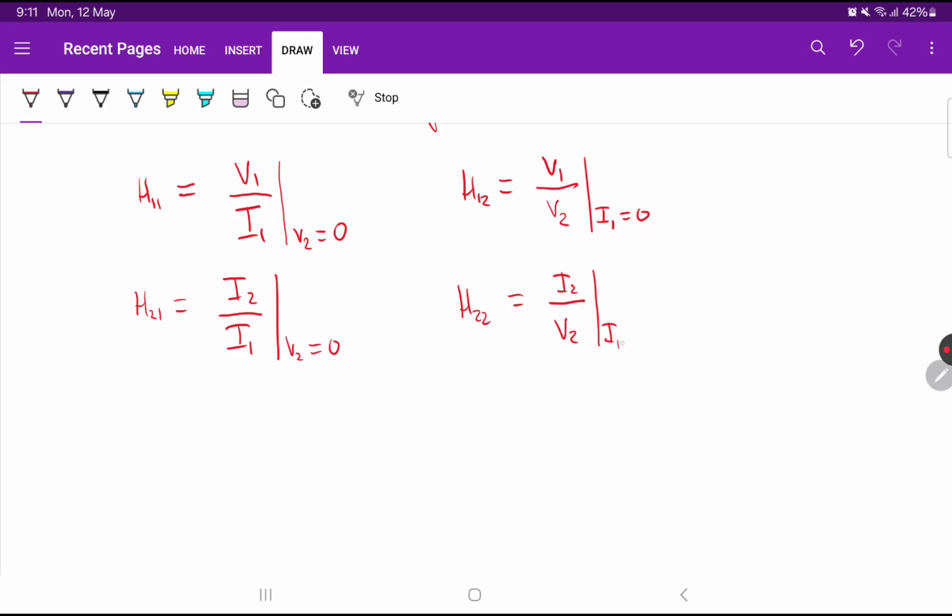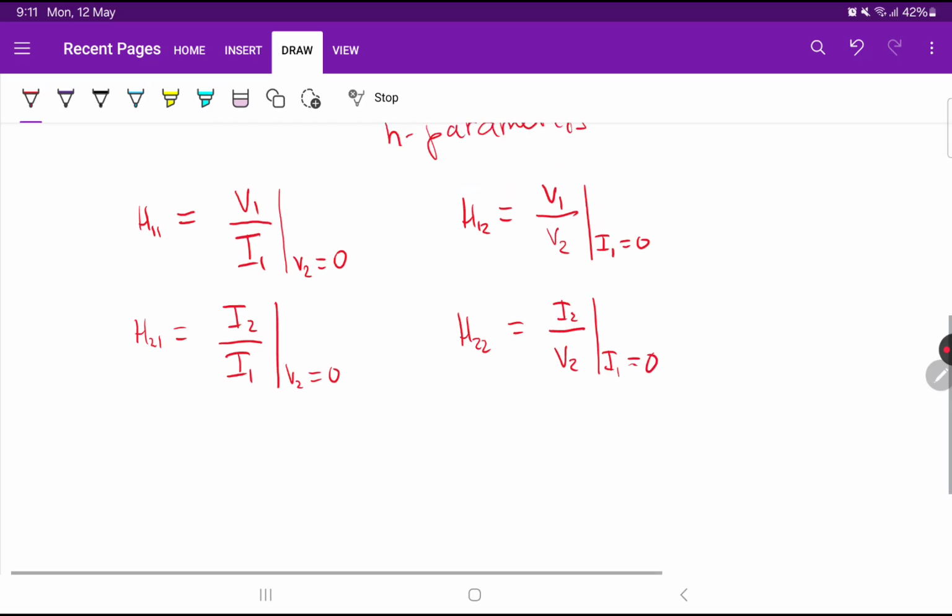Then I'll make I1 still be equal to 0. So these are the ways to solve for the H parameters. It is much more complicated compared to the first two, because it's hybrid. It's the combination of the two.